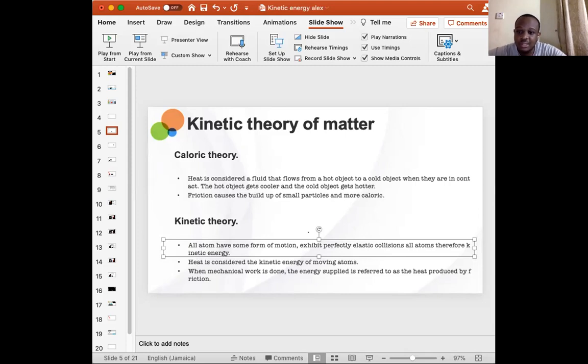That will result in a change in temperature. Say we go ahead and rub our hands together, right? Our hands will get warmer, and that will result in a change in temperature. That change in temperature is really because of friction.